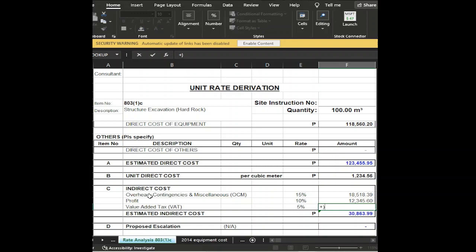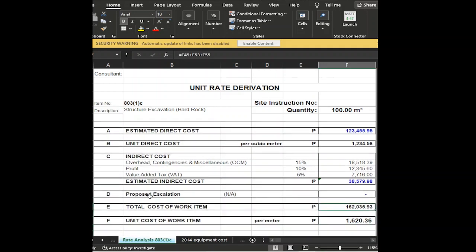So we will sum these three and multiply by the 5% tax, so that we can get the tax total. So it's 7,716. Our total indirect cost is 38,579.